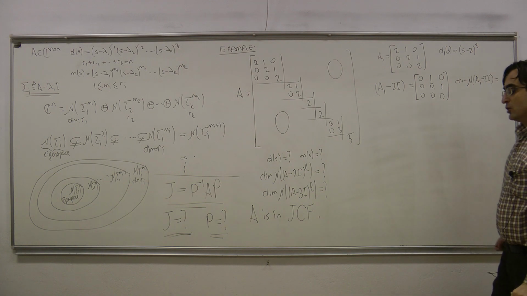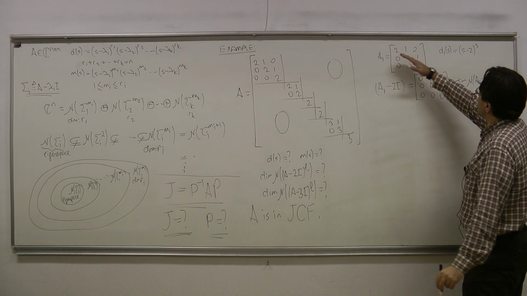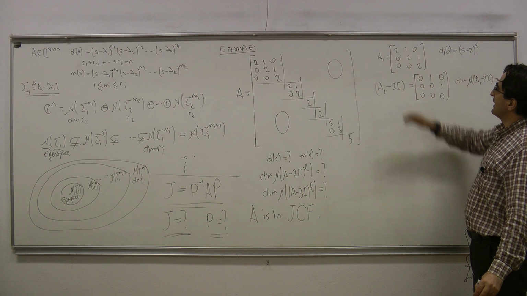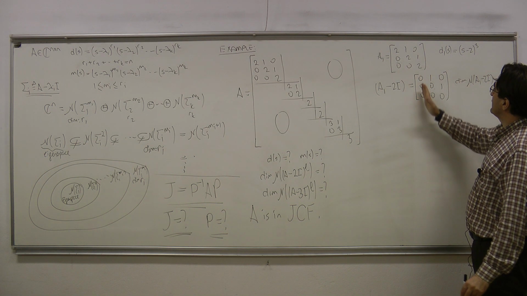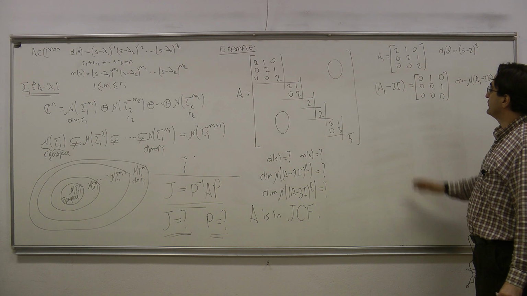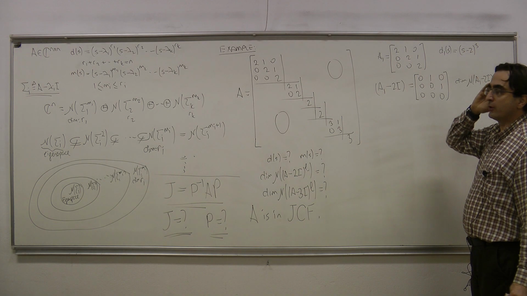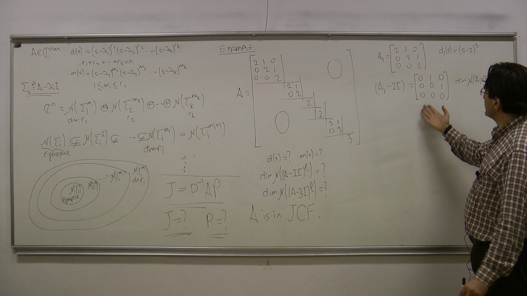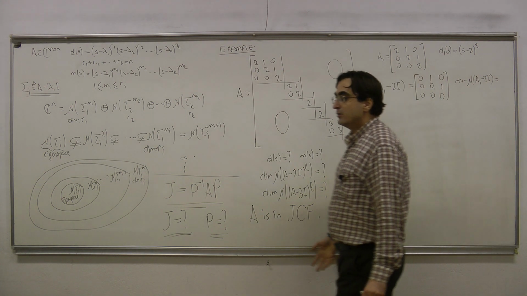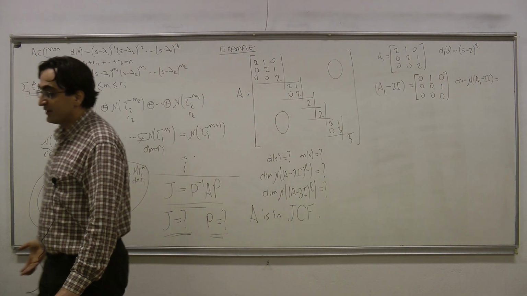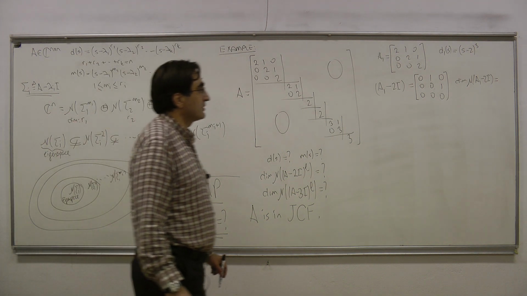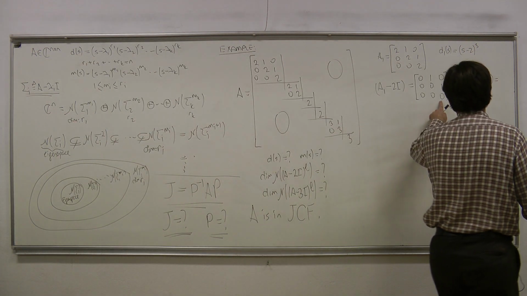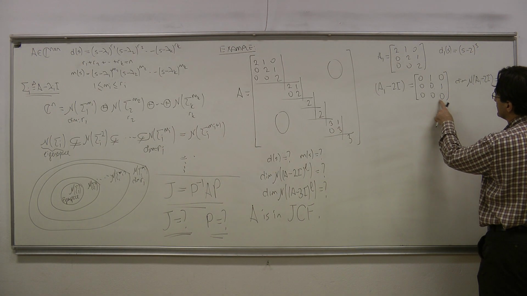So you see that as soon as I subtract 2 from the main diagonal here, I get a 0 column here. This 0 column is going to be important for us. So what is the rank of this matrix? I have a 3 by 3 matrix, and the rank is the number of linearly independent columns, and I see that I have 2 linearly independent columns, these two.